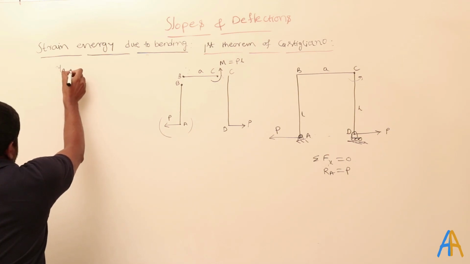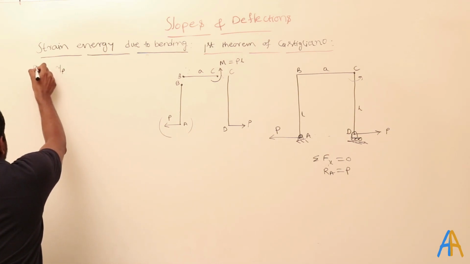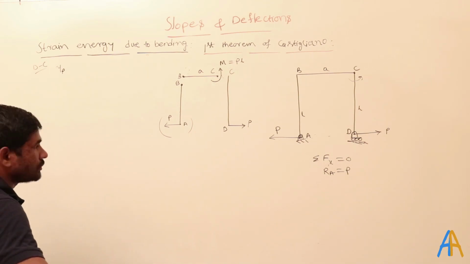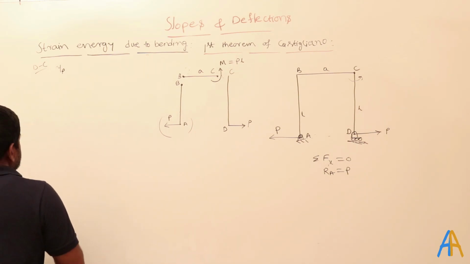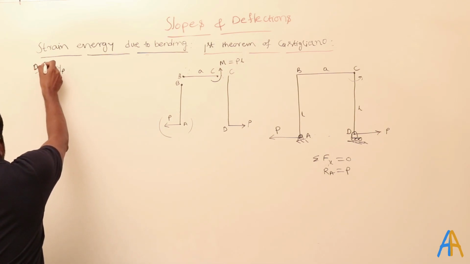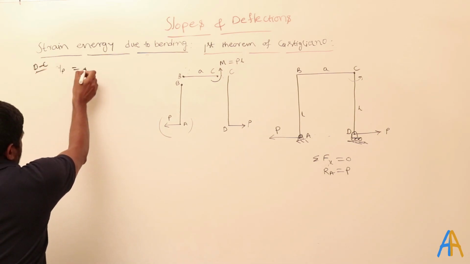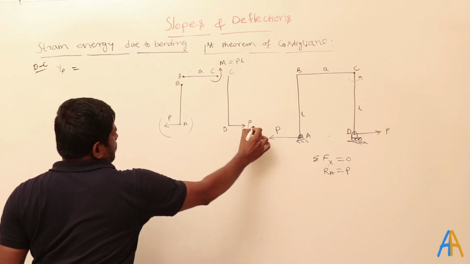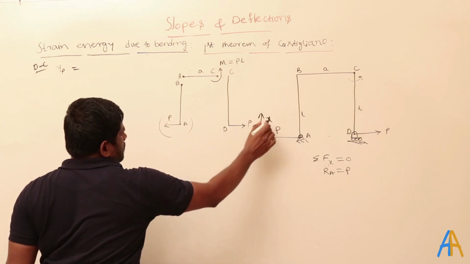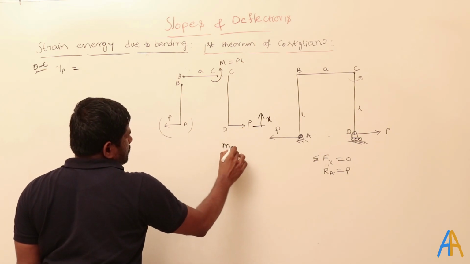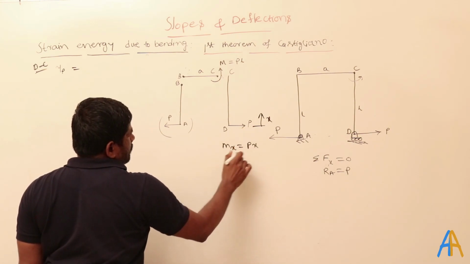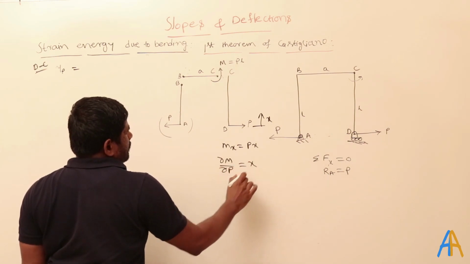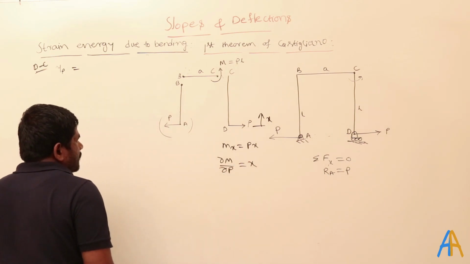Then first I will take DC, and I will multiply that DC by 2 so that it covers AB and DC. Then Y_D is how much? First I will write, if I take x from here, then Mx is equal to P into x. ∂M/∂P equal to x here. Why ∂M/∂P?